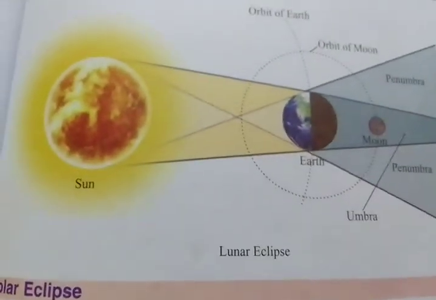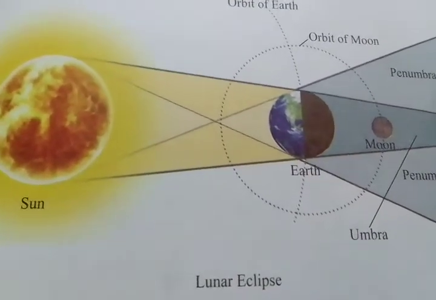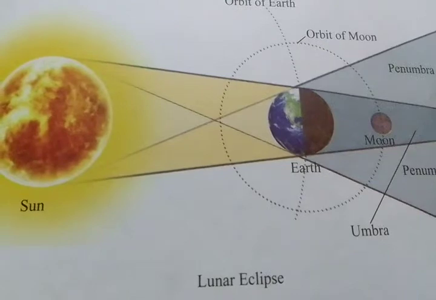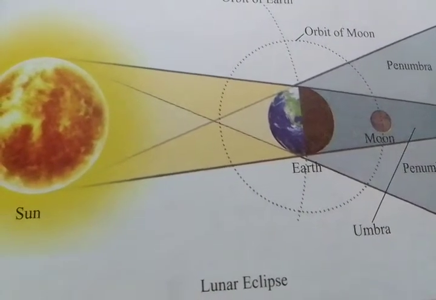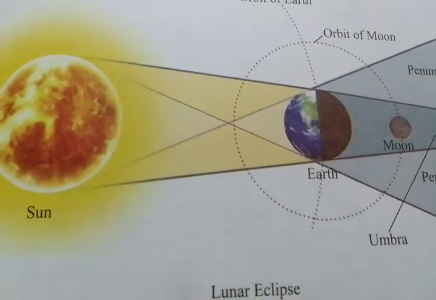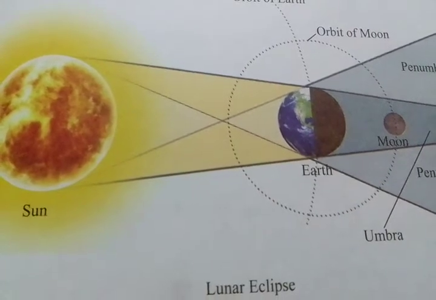The Earth and the Moon are opaque objects. That means light cannot pass through them. Both Earth and the Moon receive light from the Sun. When sunlight falls on them, they cast shadows. And the Earth and the Moon both are revolving.